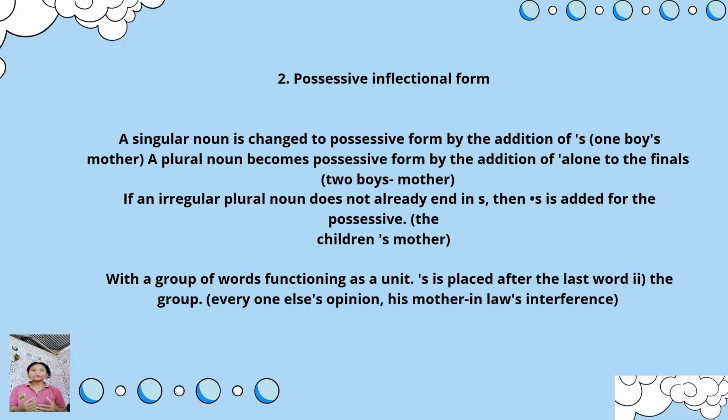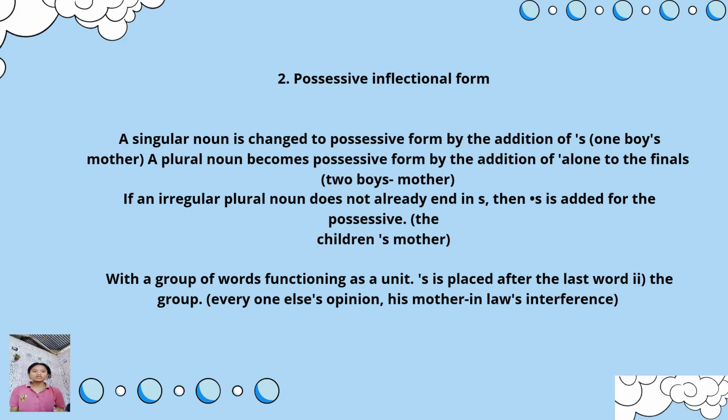If an irregular plural noun does not already end in s, then the apostrophe s is added for the possessive, for example, the children's mother.